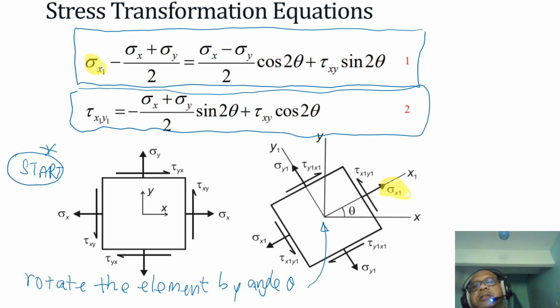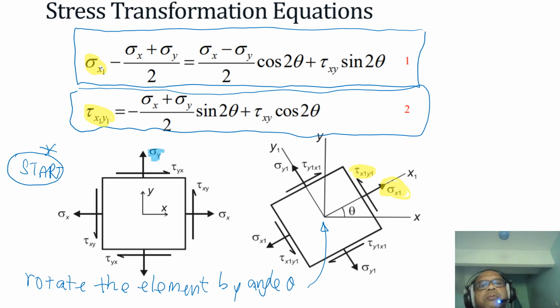And the shear stress at this surface, tau x1 y1, is given by this equation. So equation 1 gives you sigma x1, the one in yellow, and tau x1 y1 gives you the shear stress on this inclined surface, and you can find that based on your input or initial conditions.